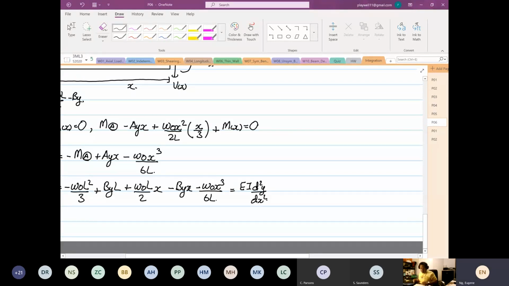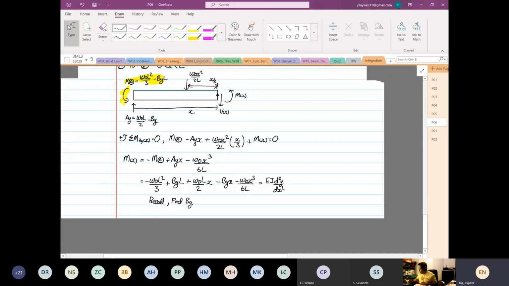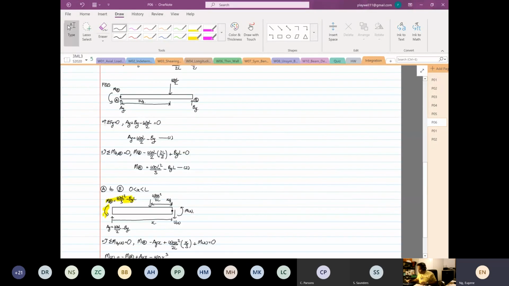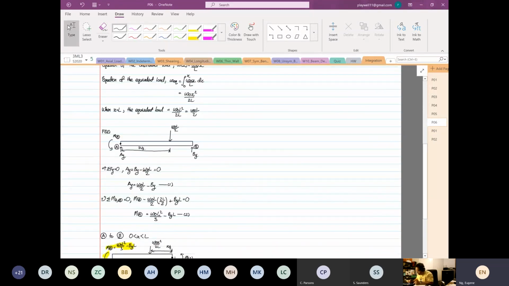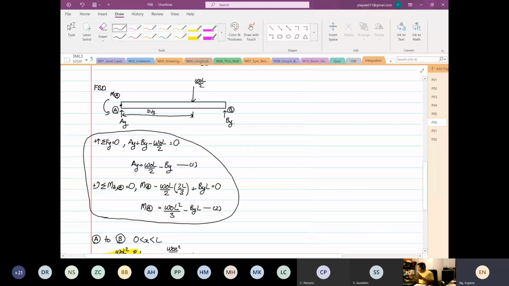Okay, so let me recall what we're trying to do down here. We are trying to find By. And as you can see from the expression I've written down here, there's no more function that I could create.